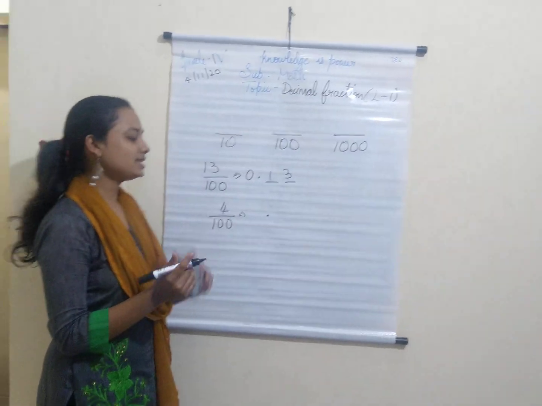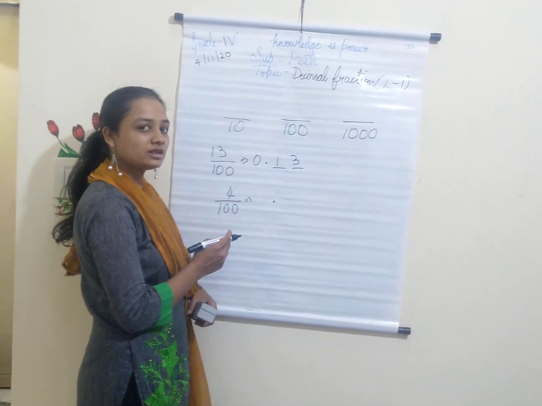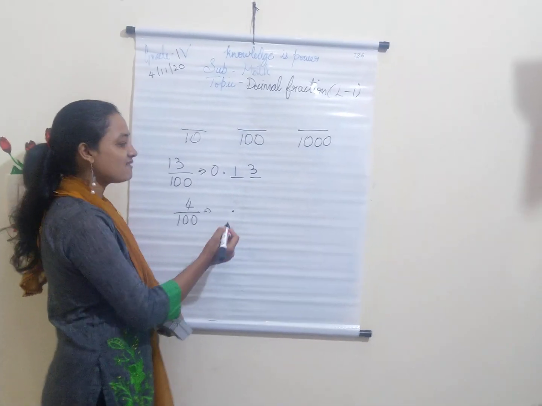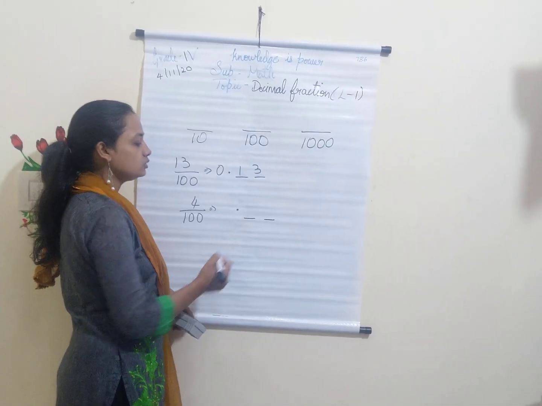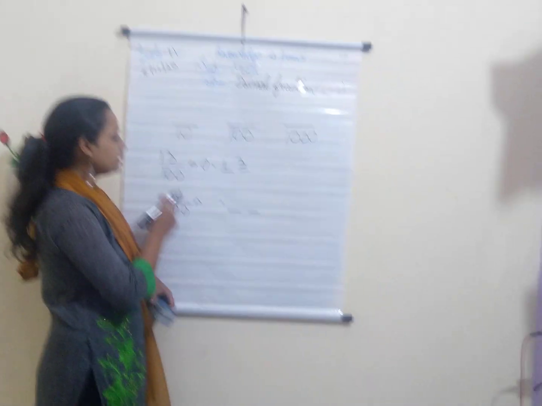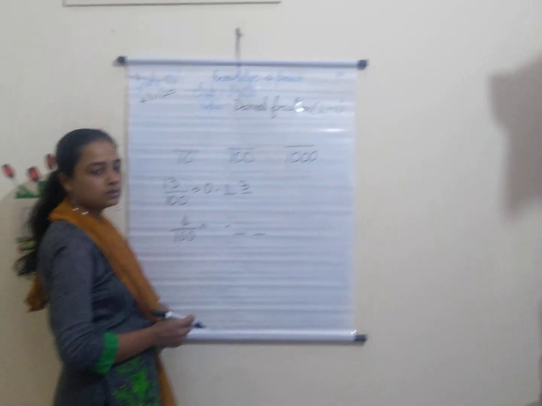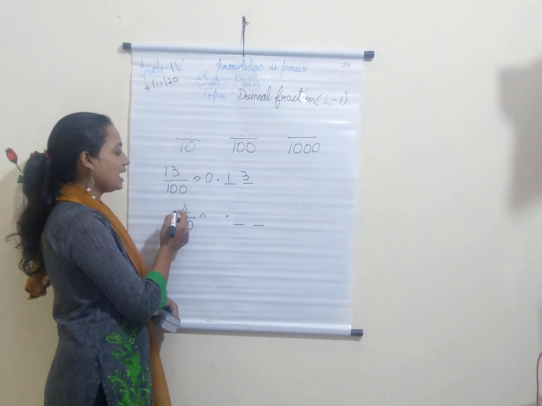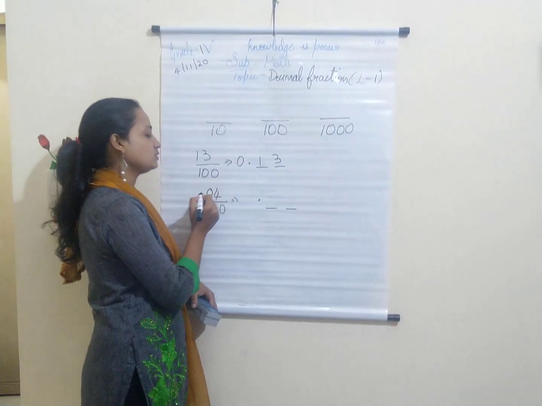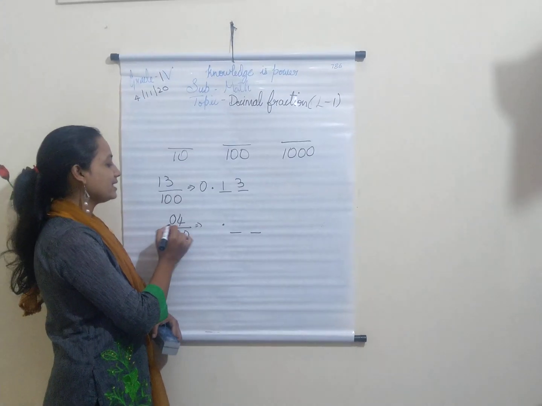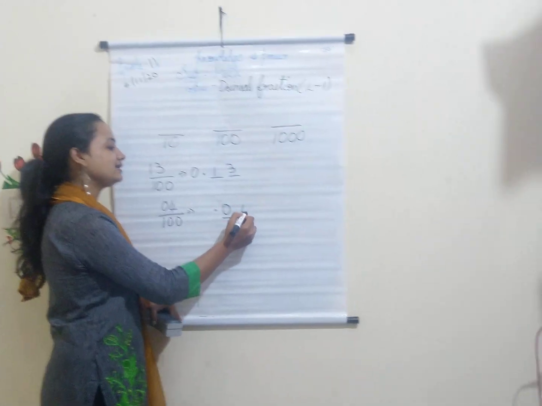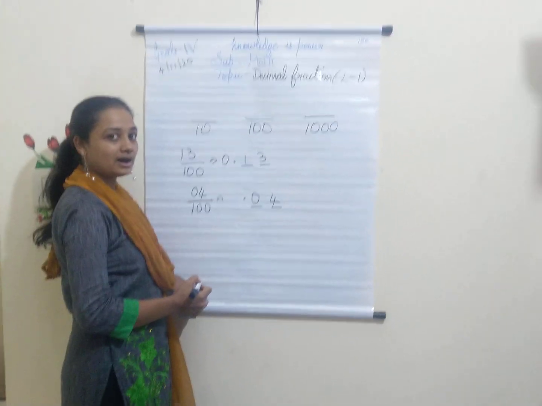So now I have kept my decimal point. After my decimal point, how many numbers should I have? I should have 2 numbers. But I have only one number here. What will I do? I will write a 0 next to this and take both the numbers and write them here. Understood, children?